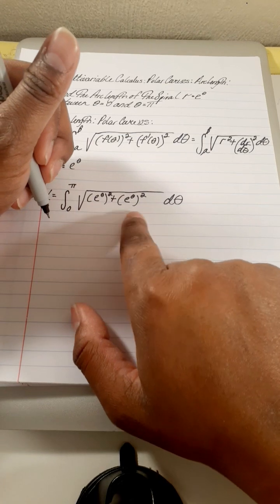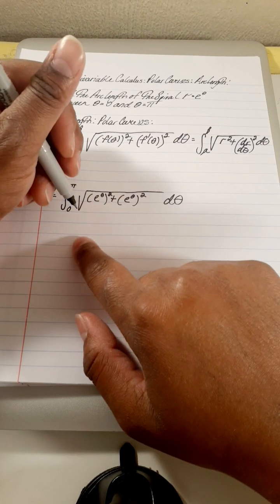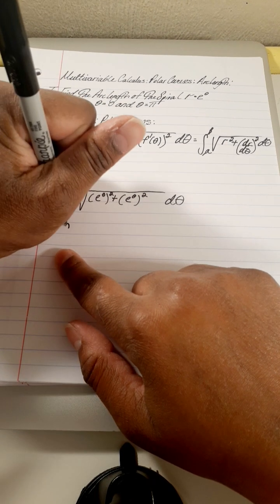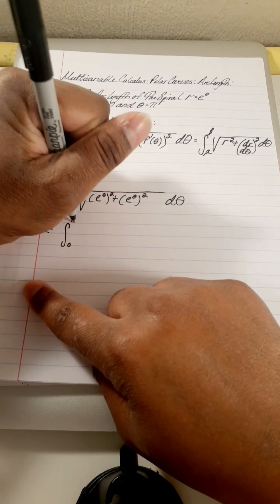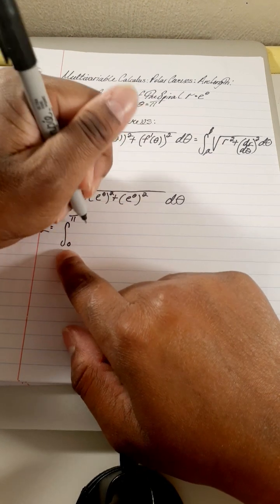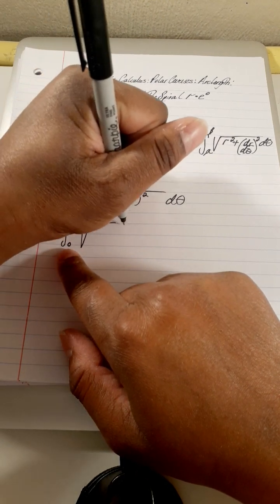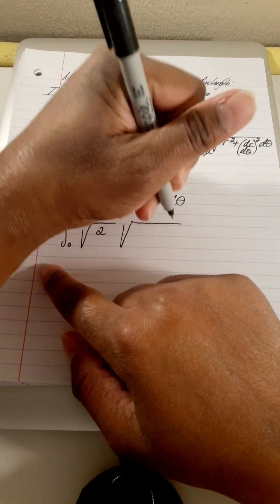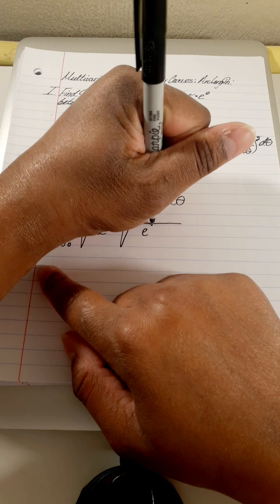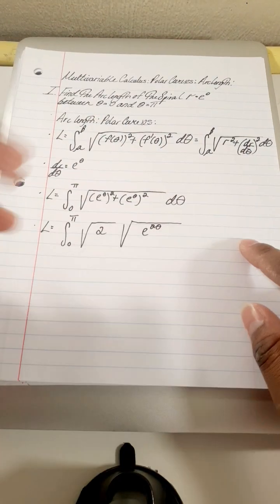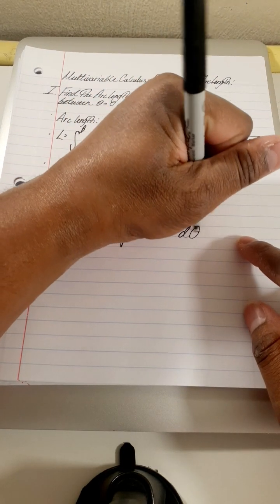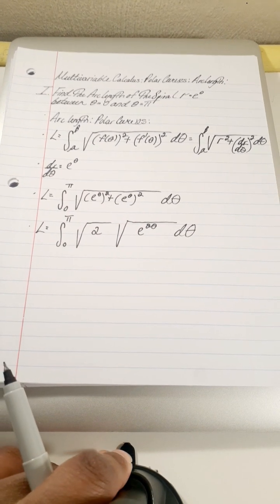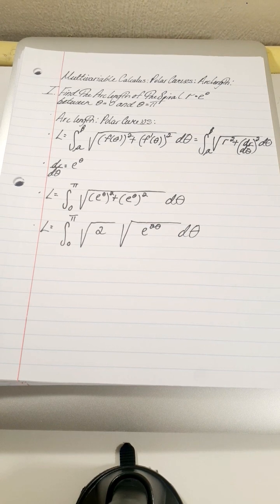Okay, so let's go ahead and simplify here and see what we get. We'll end up getting the integral from 0 to pi of the square root of 2 times the square root of e to the 2 theta, d theta. That's me squaring and simplifying. Now, we know that the square root of 2 is just a constant. It's just a number.